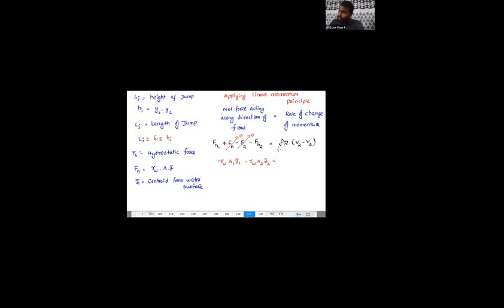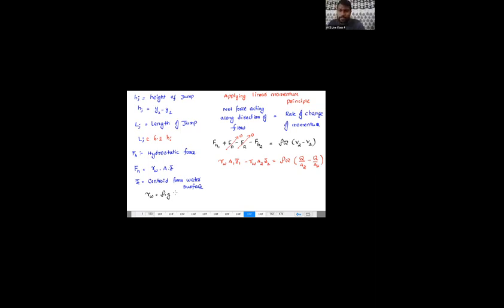Can I write this rho Q into V as Q by A2 minus Q by A1? Yes, I can write like this because the velocity is nothing but discharge by area. Now, you know that gamma W is nothing but rho into G, unit weight is density into gravity.